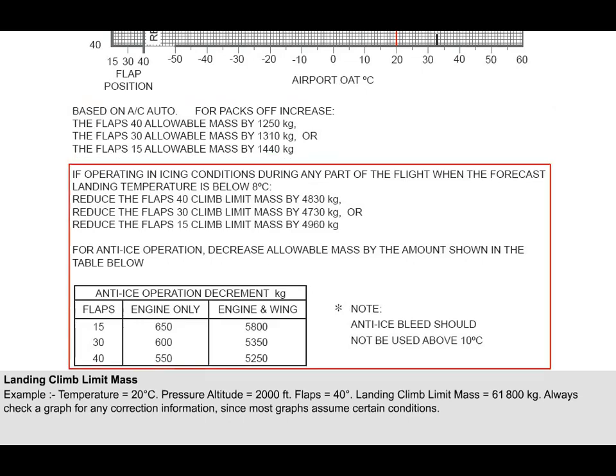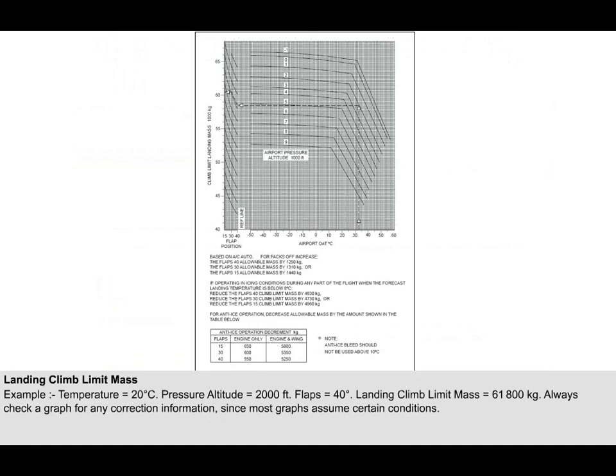The bottom set of corrections applies to flight in icing conditions and the use of anti-ice equipment. Since this equipment drains thrust from the engines, the landing climb limit mass will need to be corrected. This completes the graph for working out the landing climb limit mass.